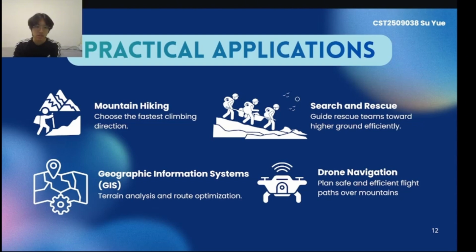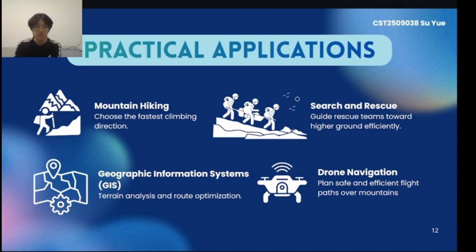Third, in drone navigation, gradients can help drones avoid difficult terrain and plan safer and more efficient flight paths. Finally, Geographic Information Systems, or GIS, use gradient analysis for terrain mapping, land planning, and route optimization.